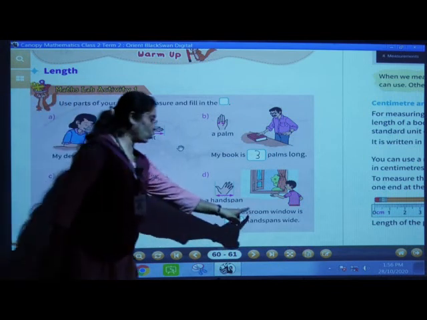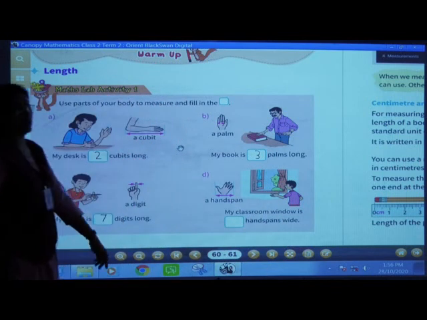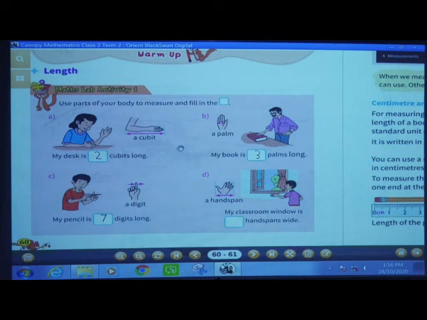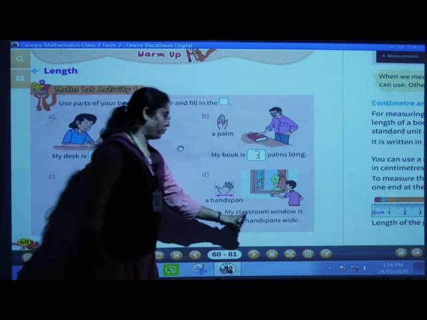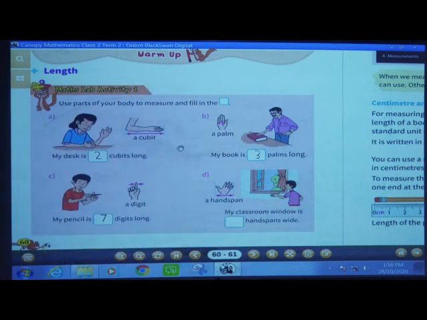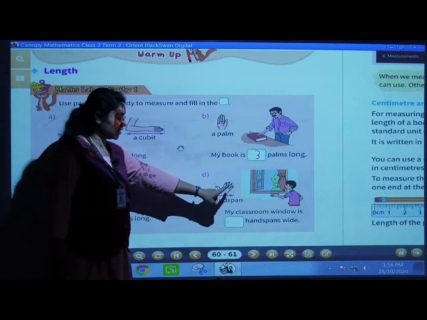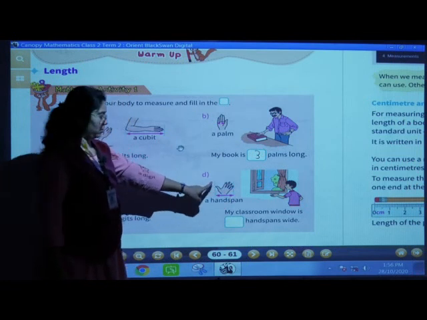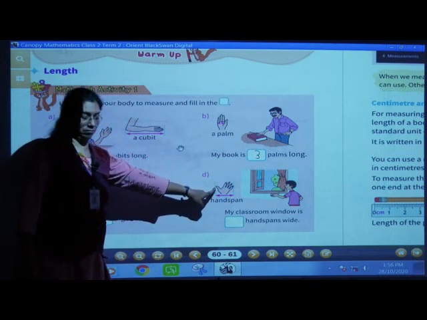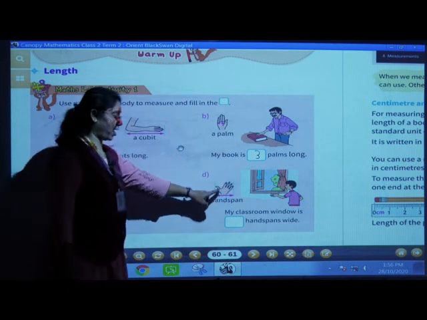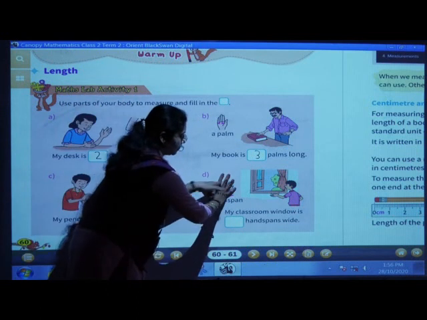Instead of classroom window, you have to measure your house window. I showed you how to take measurement by handspan. Start from the tip of the little finger to the tip of the thumb in a stretched hand. This is called handspan.